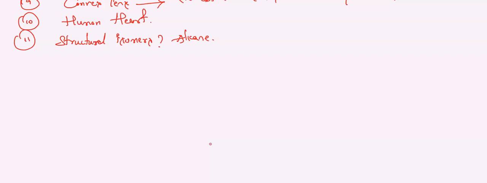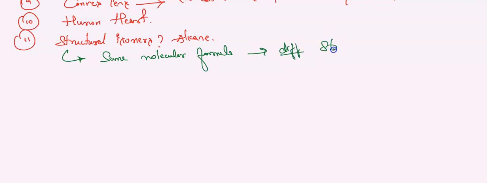Compounds which have the same molecular formula but different structures, or different structural formula, are called structural isomers. This process is known as isomerism.